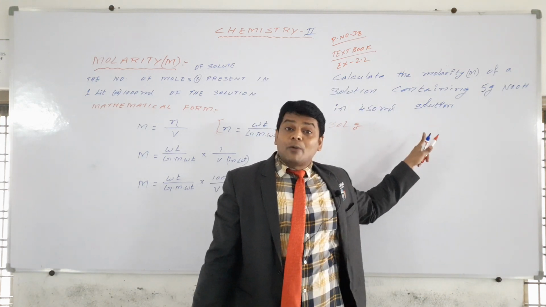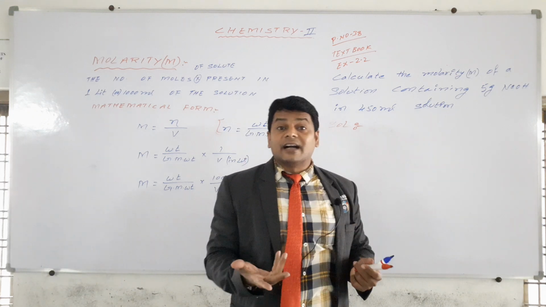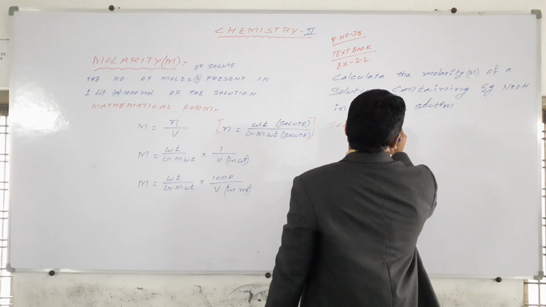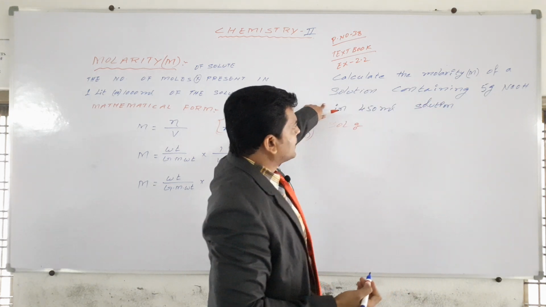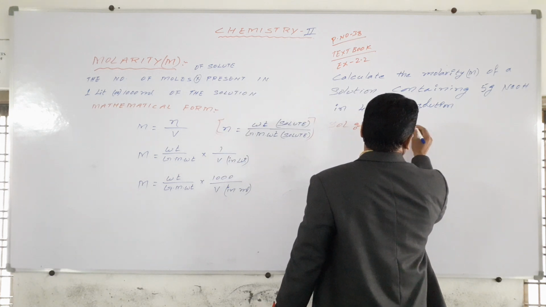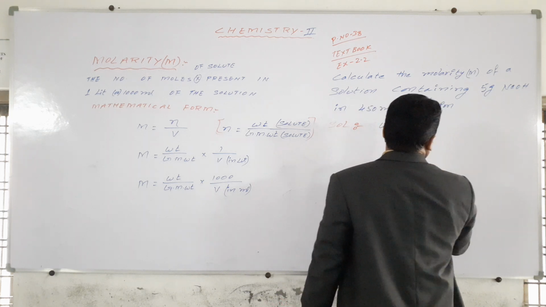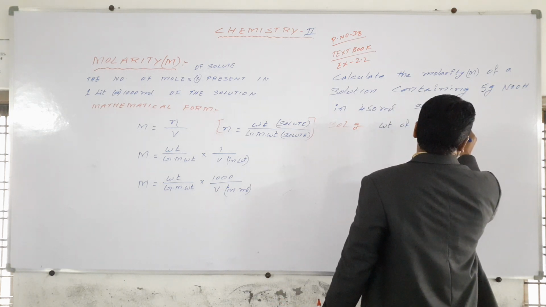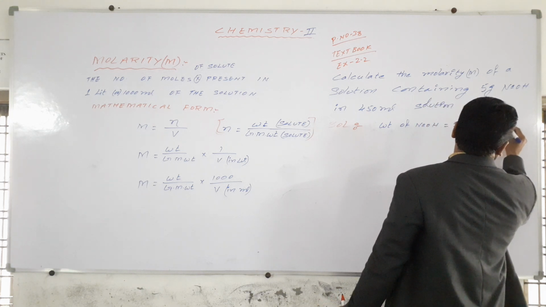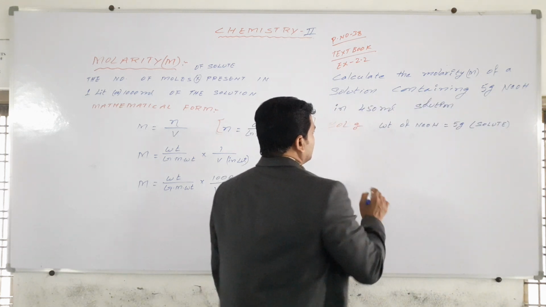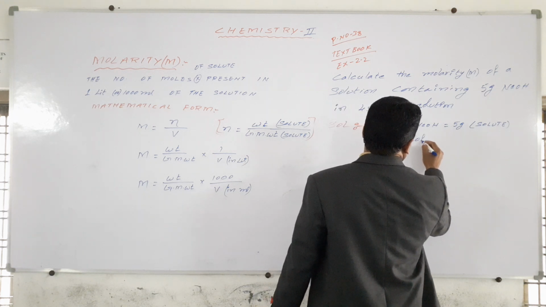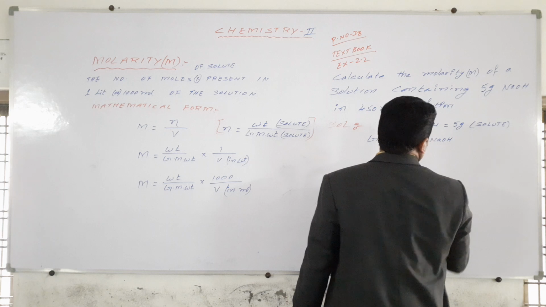Then from this problem you have to write the data, what is given. Sodium hydroxide is the solute. Weight of sodium hydroxide is equal to 5 grams. Then you have to write the gram molecular weight of sodium hydroxide.